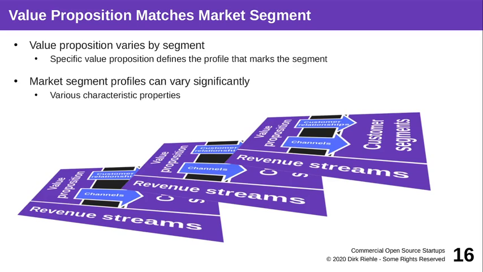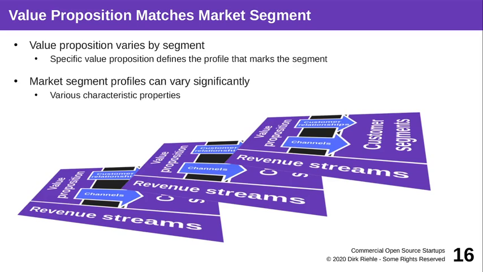Again, in total, it's the same value proposition that appeals to your overall market, but looking at the market segment and the respective customer groups in each market segment, there is variation. And that means you have to vary your business model to serve that particular segment best.